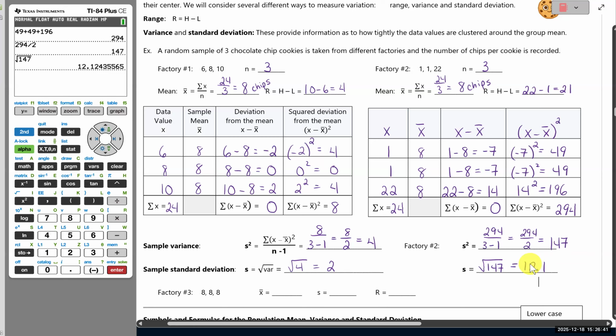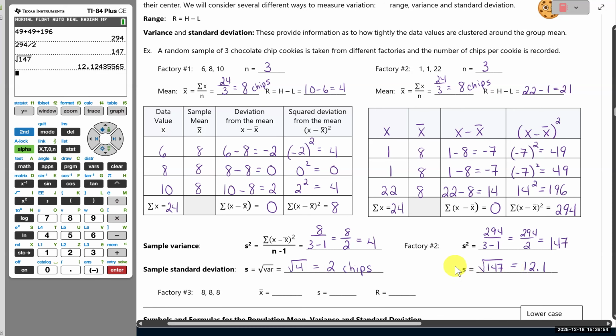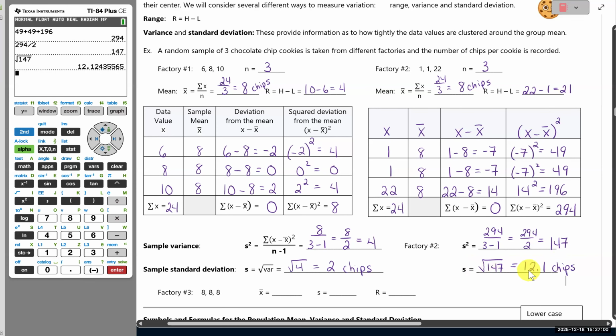So if both data sets have the same mean, they both have a mean of 8 chips, the standard deviation of factory number 1, I'm going to put units on, would be 2 chips versus for factory number 2, the standard deviation is 21 chips. So bigger standard deviation means these cookies are varying as a collection here more from the group mean than they did in factory number 1.